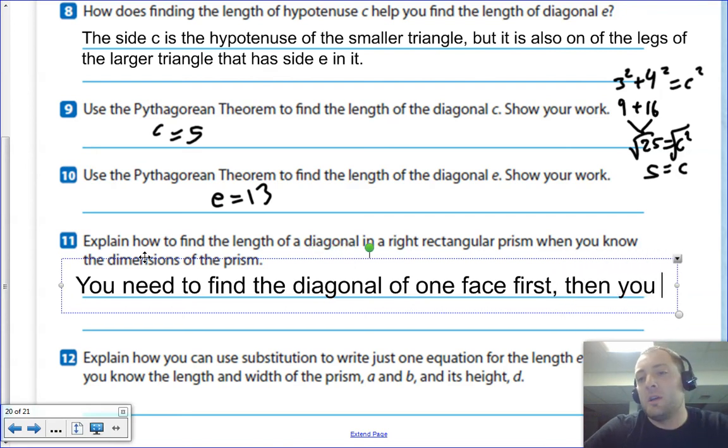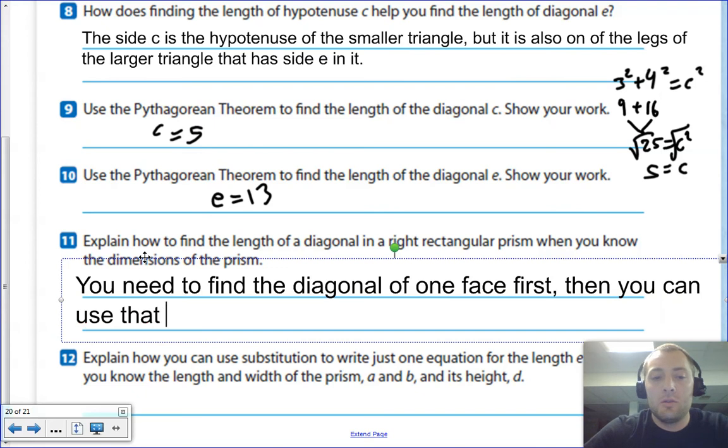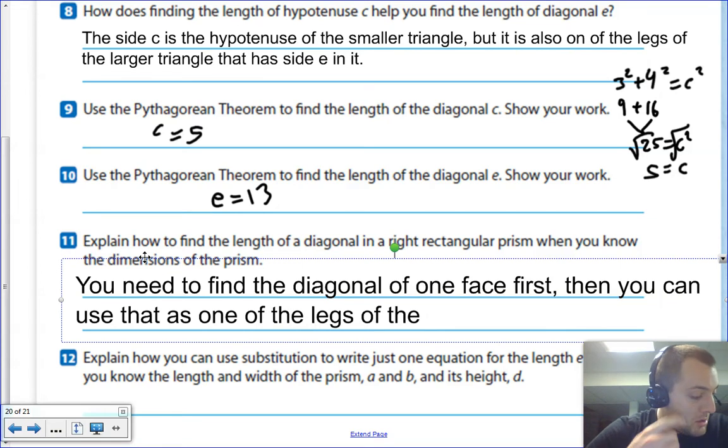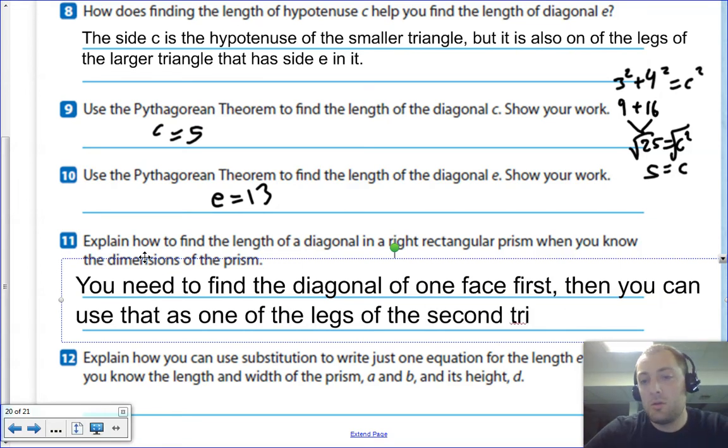Then you can use it as one of the legs of our second triangle.